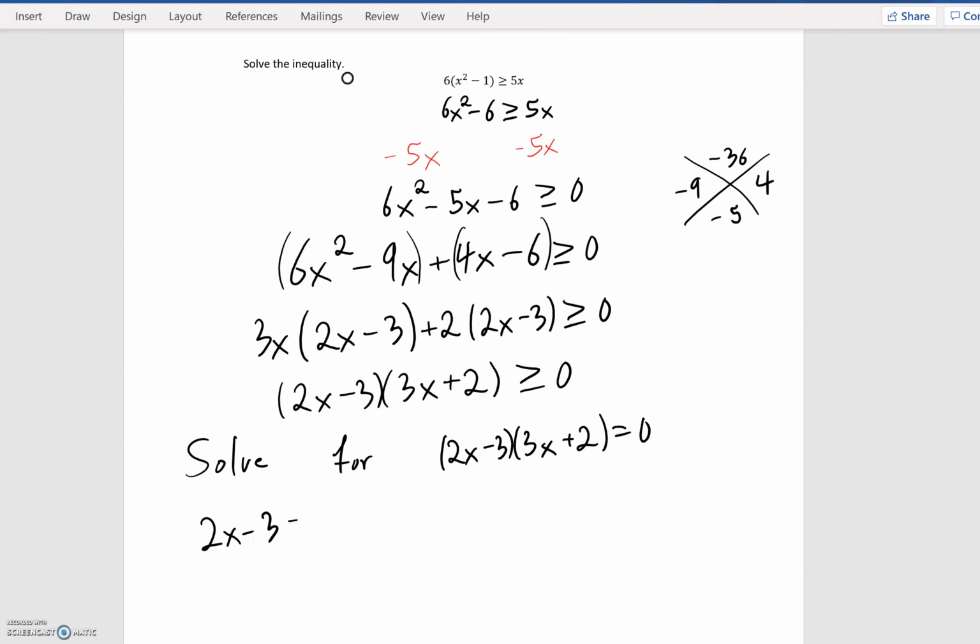You should have that the left-hand side equals 0 when x equals negative 2/3 and x equals 3/2.